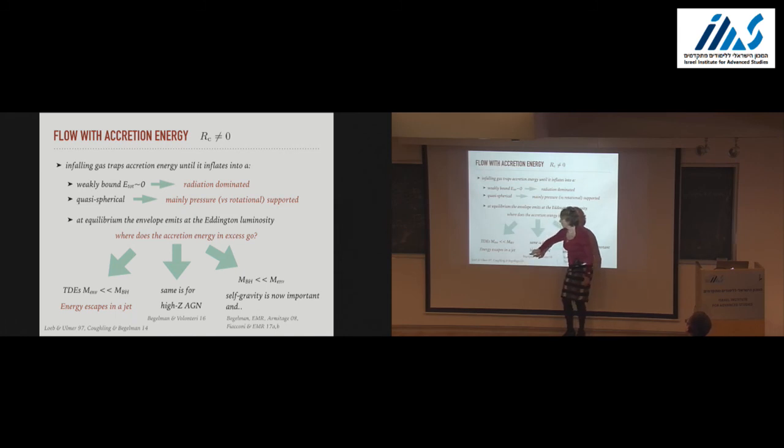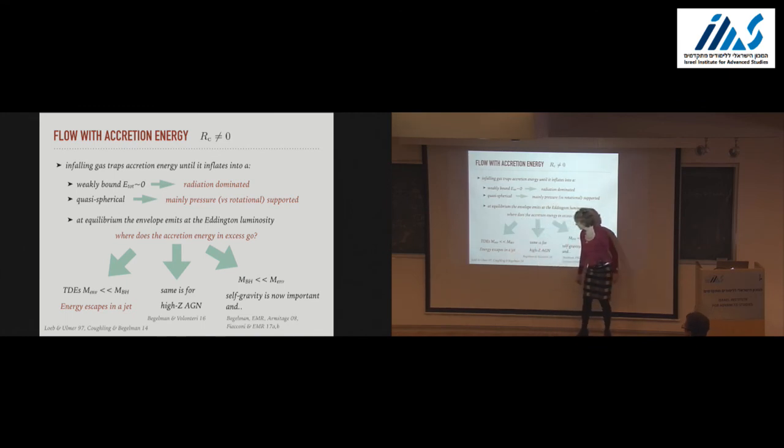And what Eric Kaufling and Mitch envisage is that the extra energy is funneled in a jet, and you have just Eddington emitted by the envelope. This is the case in which the envelope surrounding the black hole is much less massive than the black hole, so the envelope is not self-gravitating.